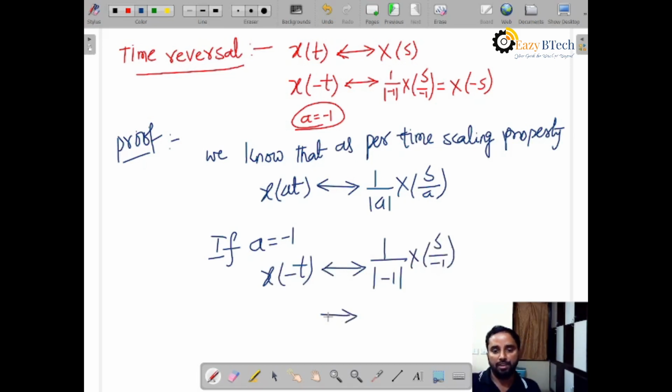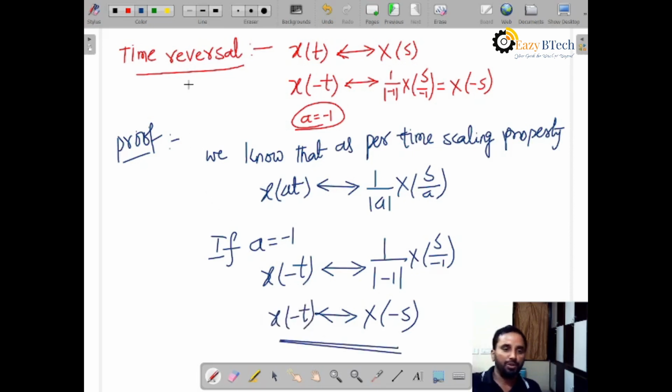So this will become 1 by 1, so X of minus s. This is the time reversal property we can do using the time scaling property.